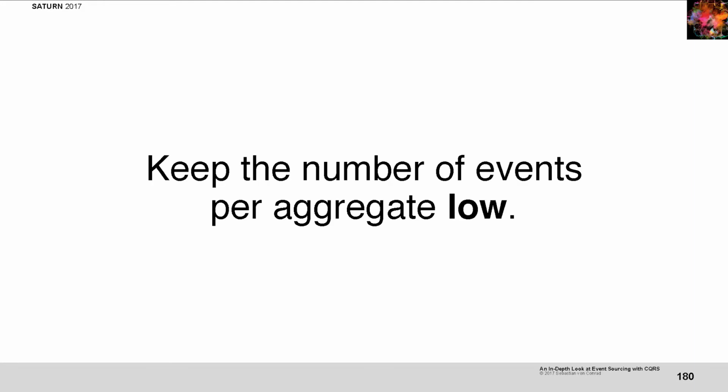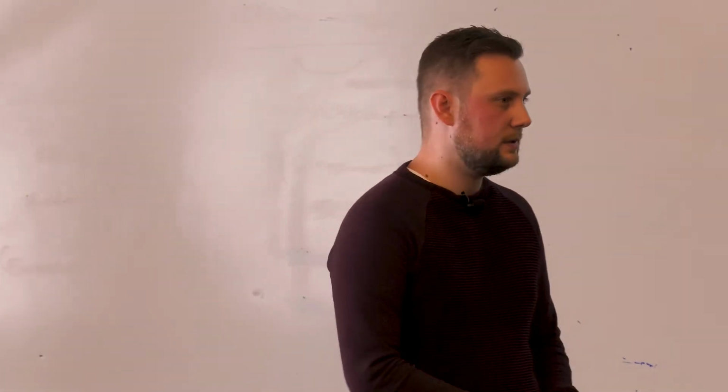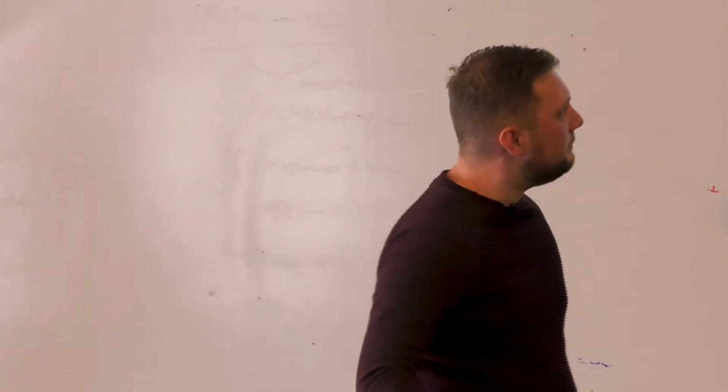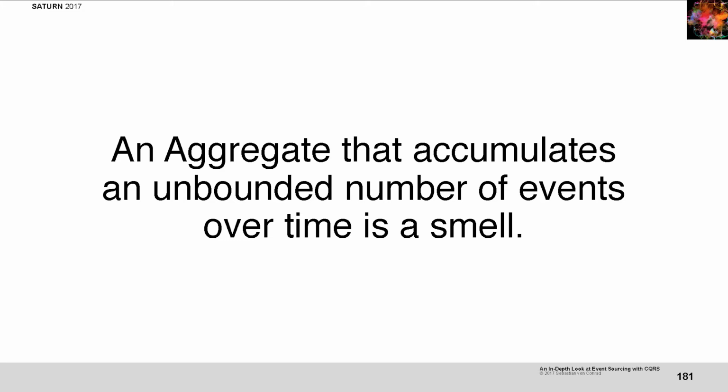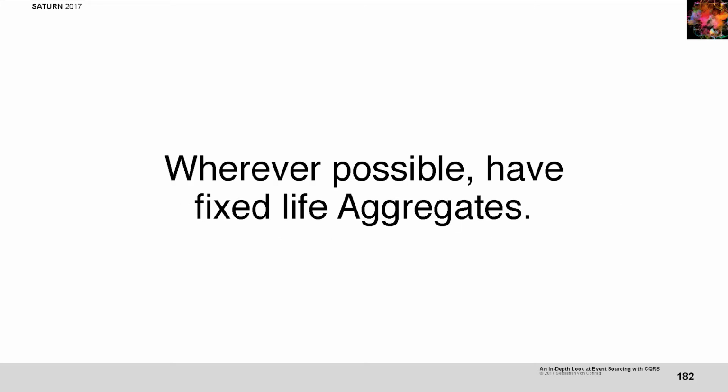Something that you want to try to do is keep the number of events per aggregate low. This is a really, really important aspect of trying to get this right. I think that an account that accumulates an unbounded number of events over time is a smell. Before I go into that, wherever possible, have fixed life aggregates.